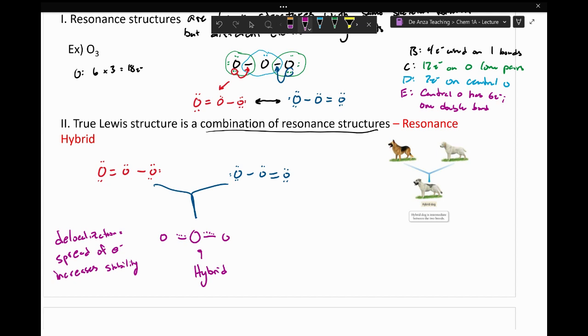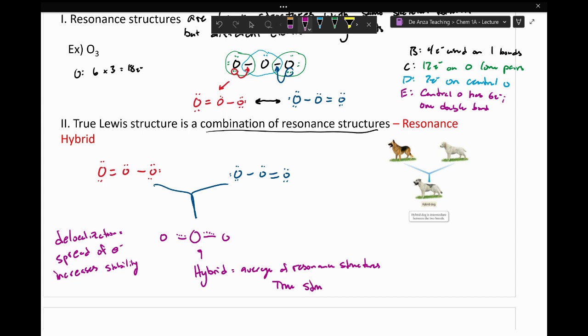And it is the average of all resonance structures. And it's what we'll say is the true structure. So we'll call this the true structure.